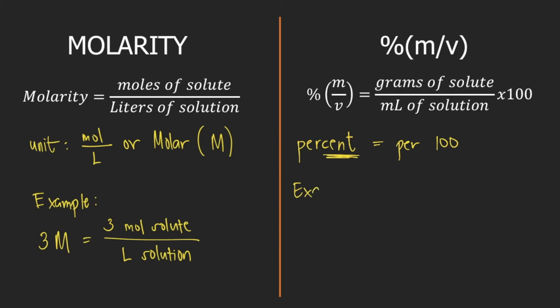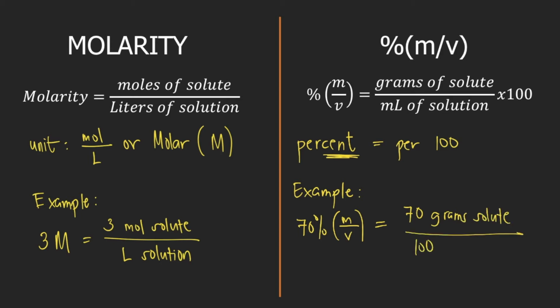So for example, you are given 70% mass over volume. This is just equivalent to 70 grams of solute per 100 ml of solution.